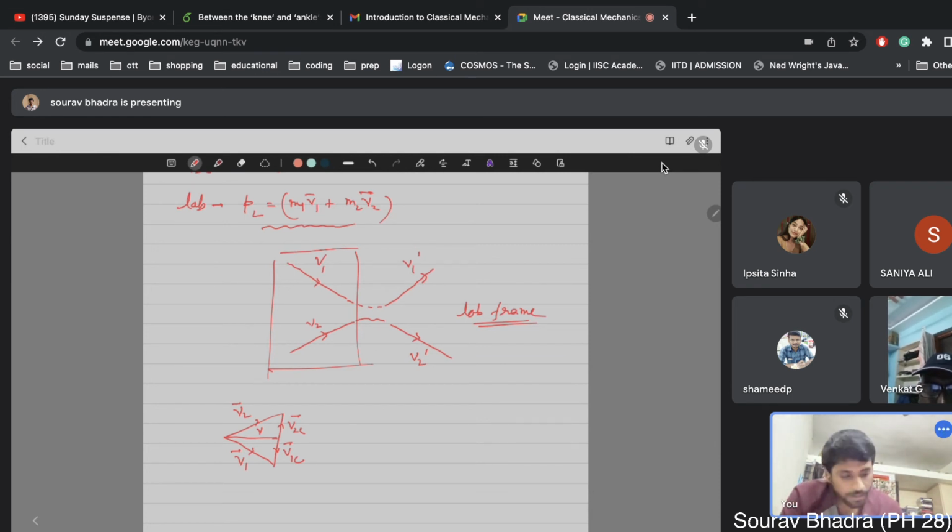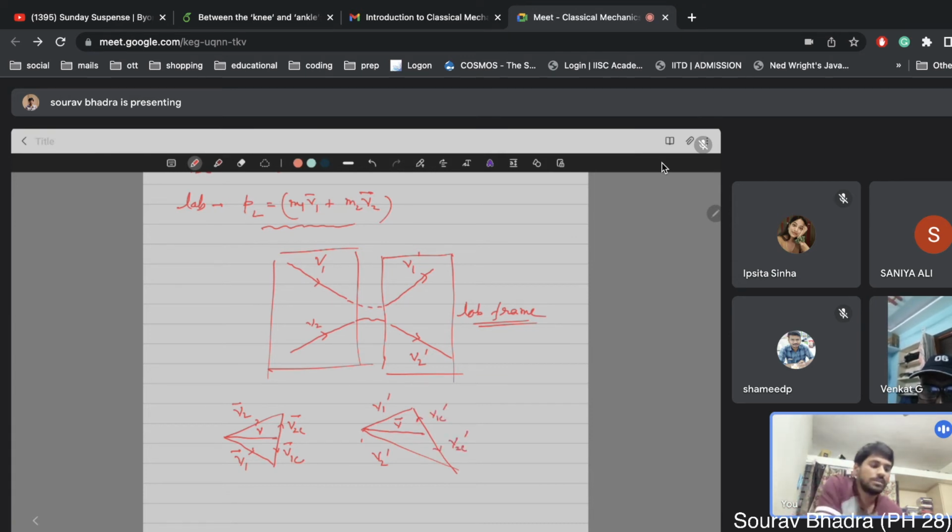And similarly, now we will convert this part into the center of mass frame. So here it was v1 dash, v2 dash, and our center of mass frame velocity v. Now this is the v1c dashed, and this is the v2c dashed. So v1c dashed and v2c dashed are the velocities after collision of the two particles in the center of mass frame.